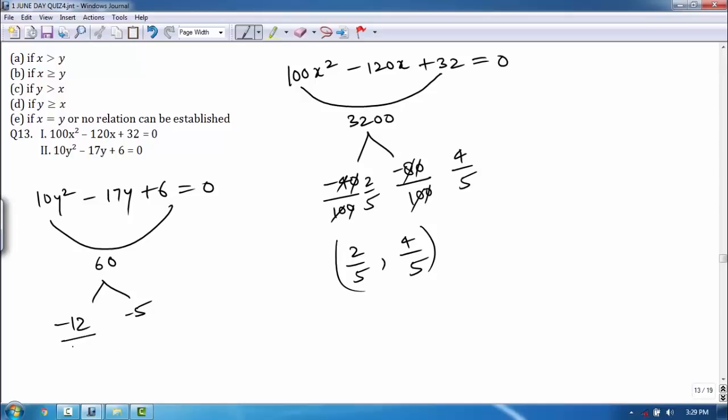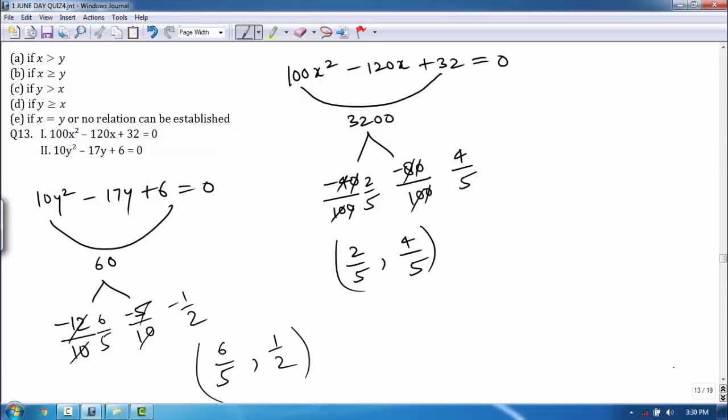So we will divide them by the coefficient of y square, that is 10, and then we'll change their signs. So finally the roots are 6 by 5 and 1 by 2.